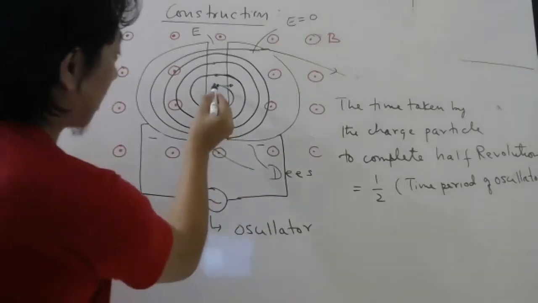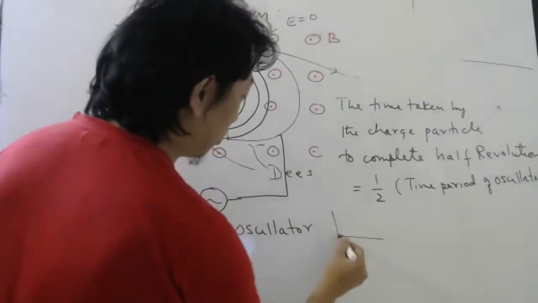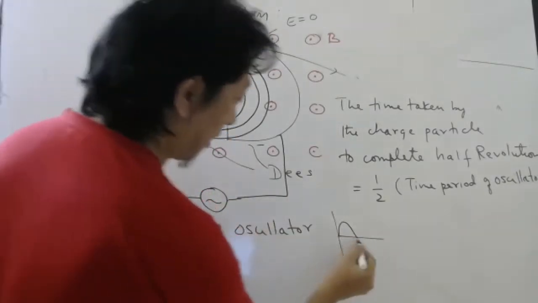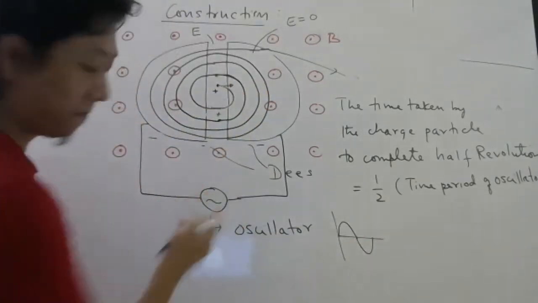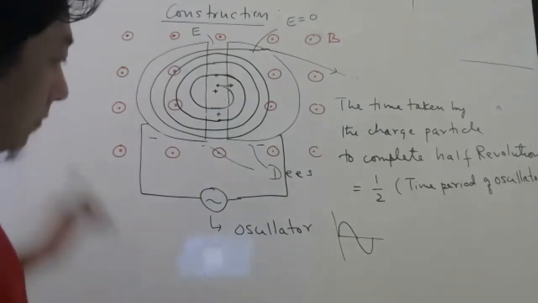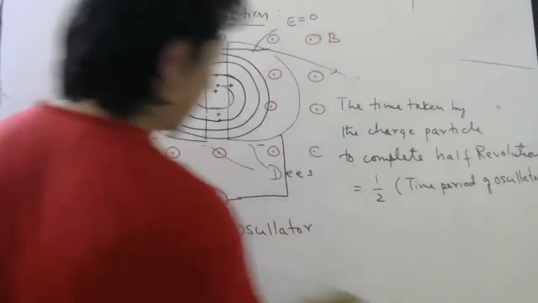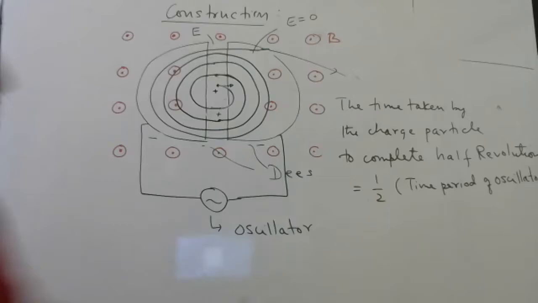So every time this charge comes here, the oscillator should go from here to here, so that after that it becomes negative. Negative means the terminal should change.